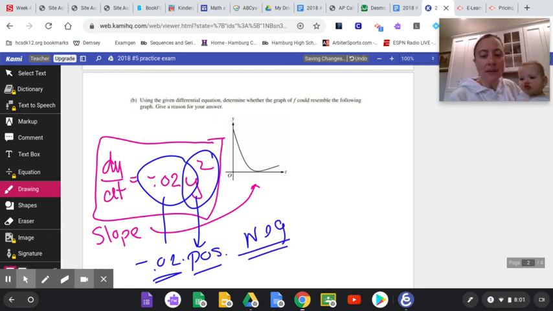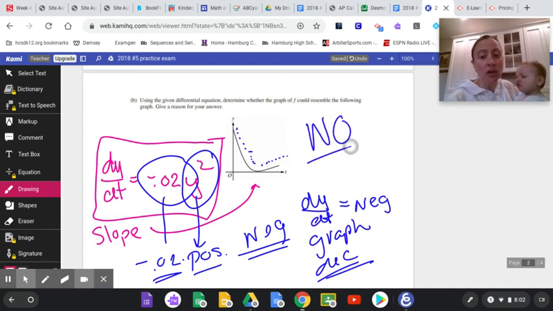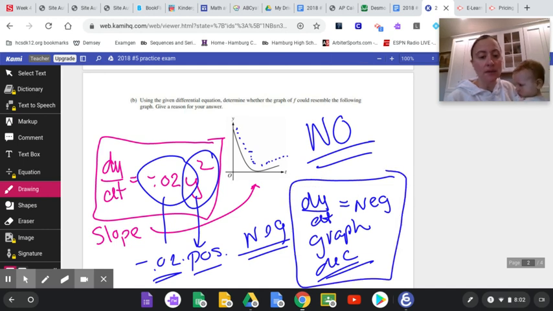So if my slope is negative, that tells me that my graph should always be decreasing. So if I take a look at this function, you'll notice that it's decreasing, but then it starts to increase. So my answer is going to be no right away because this function should always be decreasing.